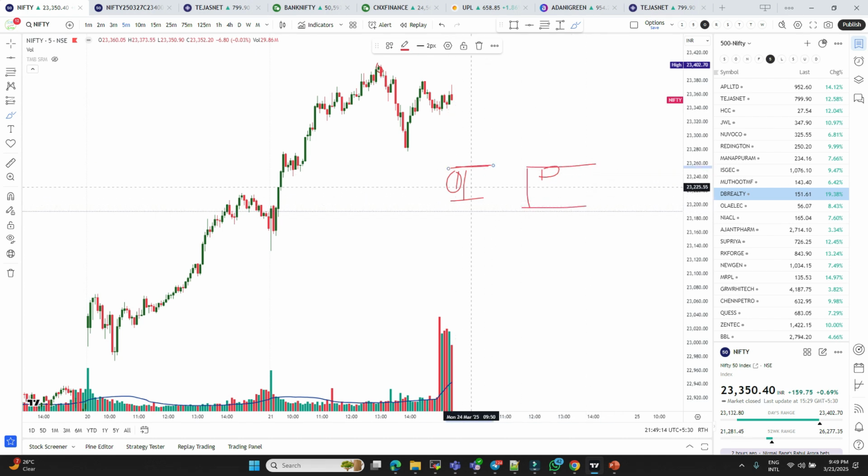Mark the last two candles. If you mark like this, price comes and touches here. If you see a negative reaction, you can start initiating the trade in the first minute itself.